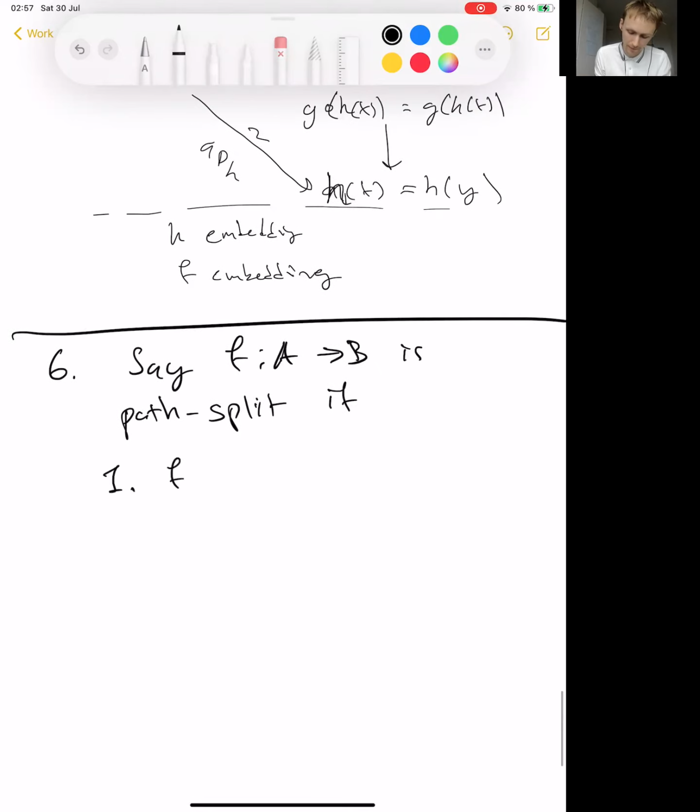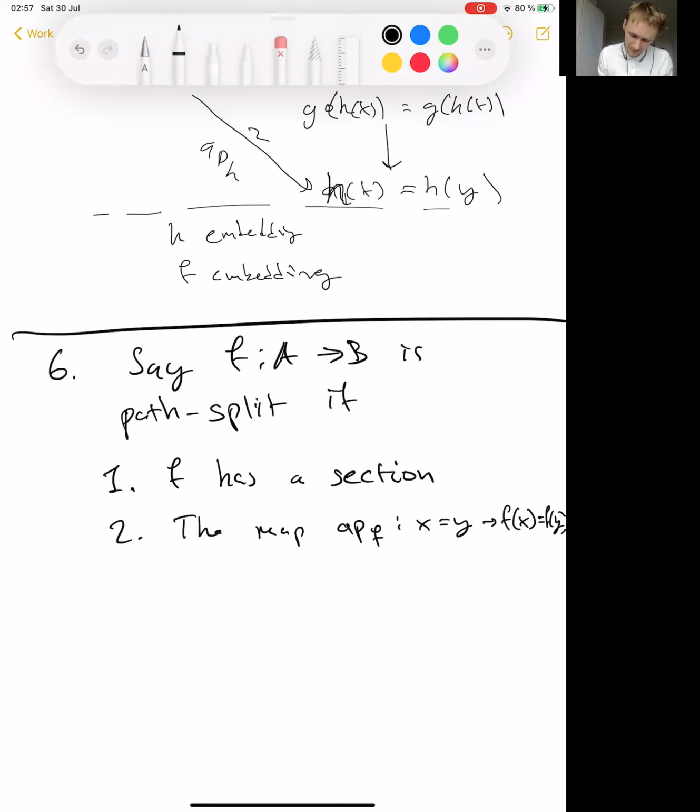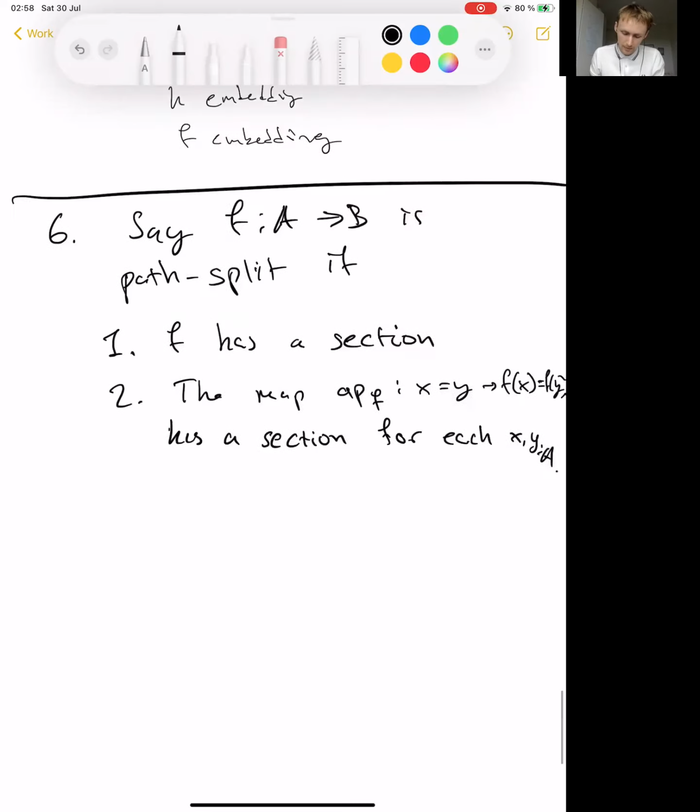One, f has a section, and two, the map app f from x equals y to f x equals f y has a section for each x, y in A. Okay, so it's path split if it has a section and app has a section.